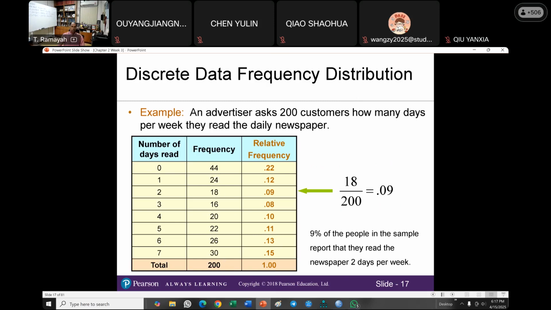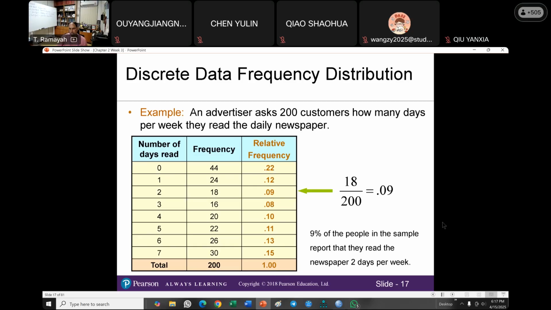To calculate a relative frequency, let's say for 2 days read, it is 18 divided by 200. That's how we can calculate the relative frequency of each category. Finally, the total relative frequency will be 1, because 200 divided by 200 gives 1.